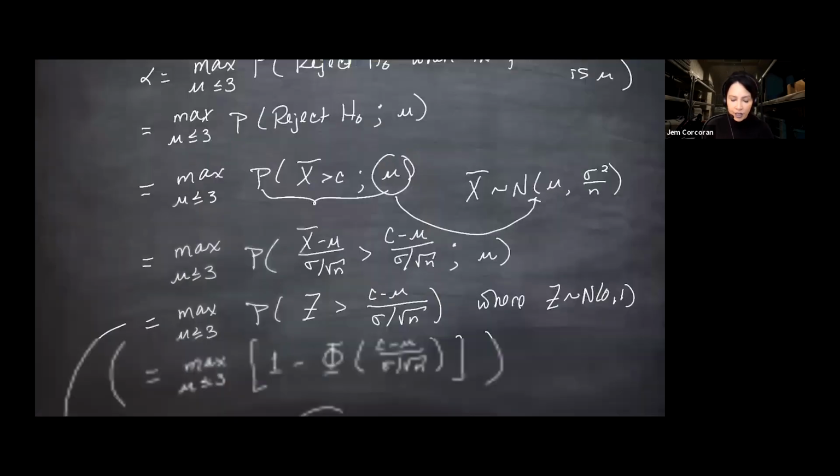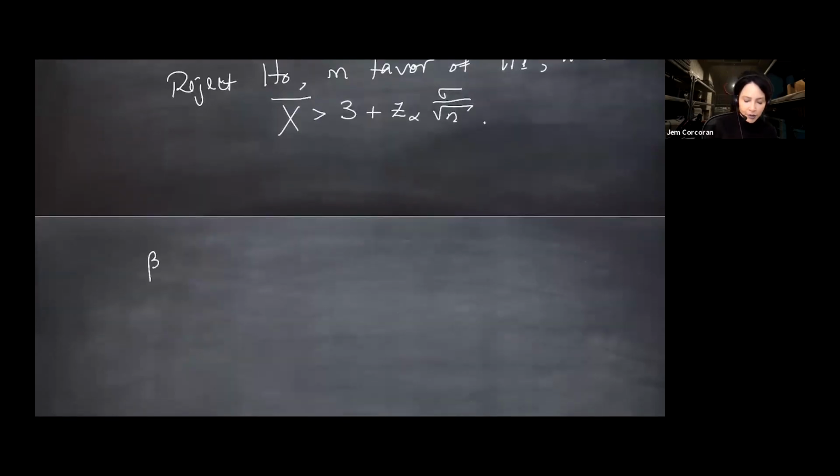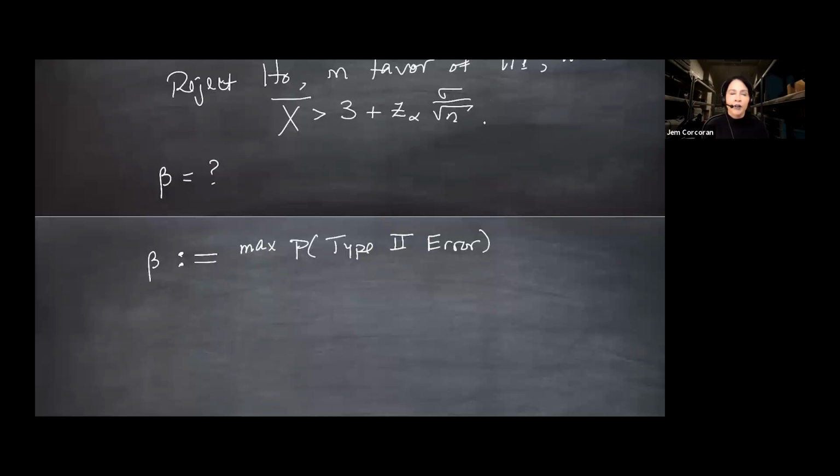So suppose we continue this problem and we want to know beta. So beta is going to be defined to be the maximum probability of a type 2 error. And the type 2 error was the null hypothesis is false and you fail to reject it.